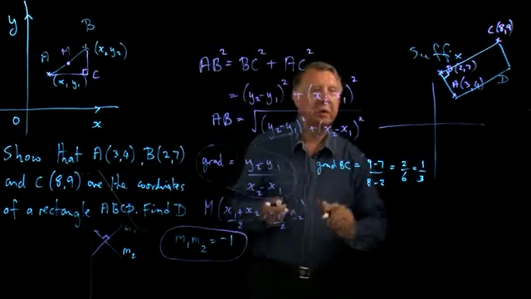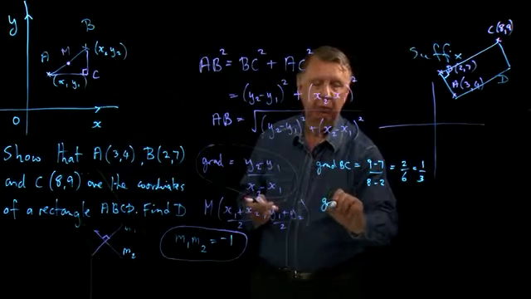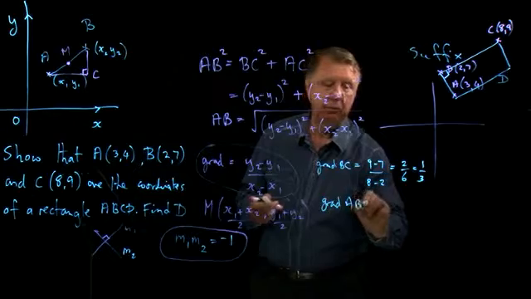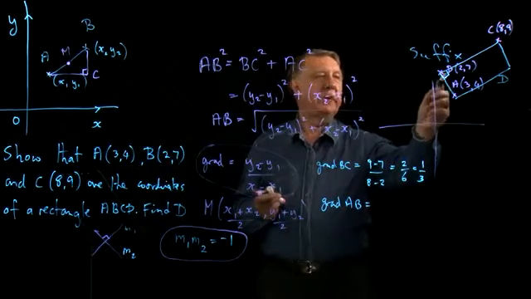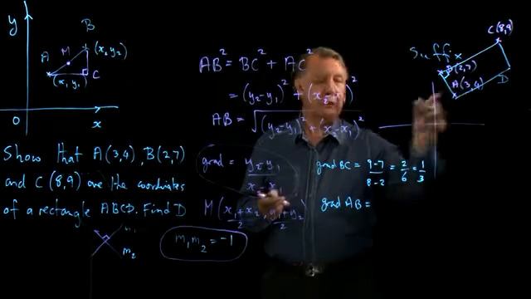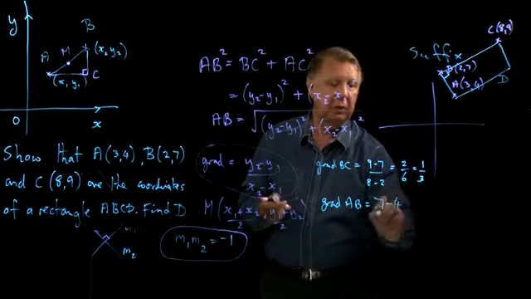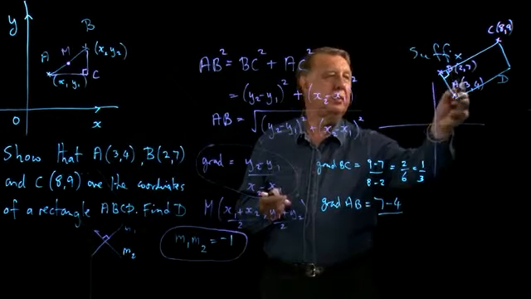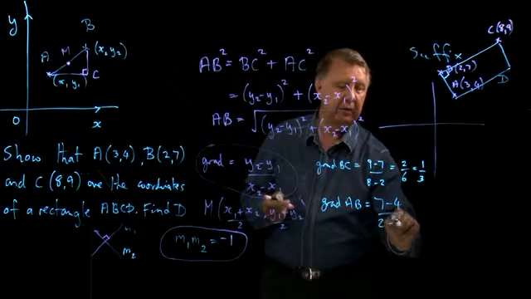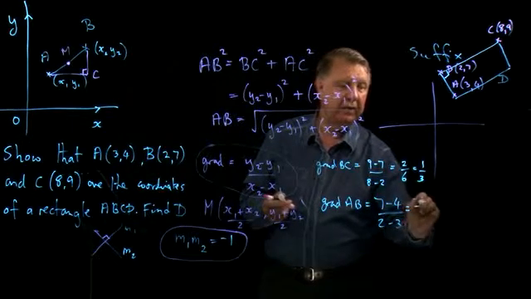And the gradient of AB is 7 take away 4 over 2 take away 3, which is -3.